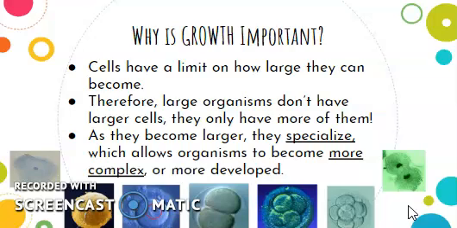And that's how our organisms become more complex and more developed. So even humans start as a single cell, and over time, their cells become specialized, and eventually we end up with all the different varieties that we've learned about: bone, skin, muscle, blood, and nerve, as well as many other types.